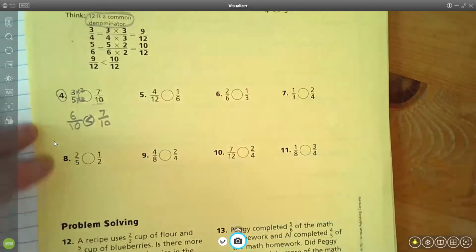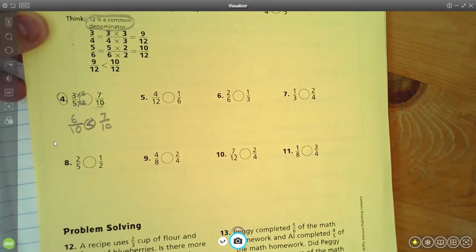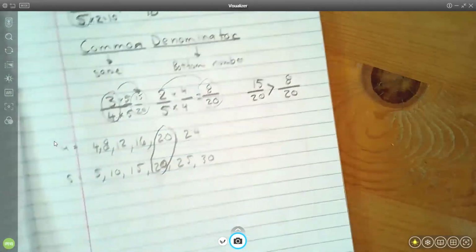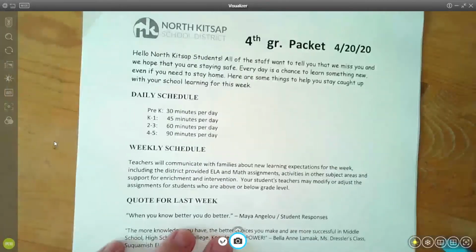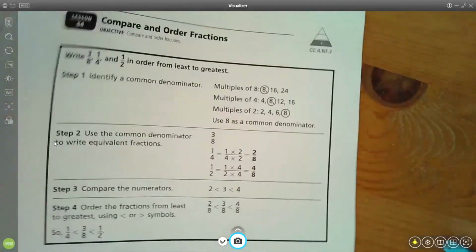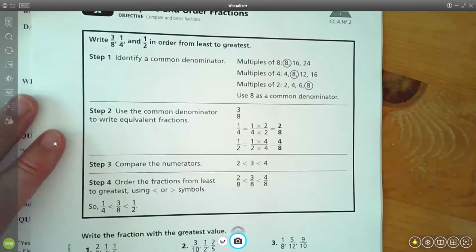Okay, so let's take a look at this week's packet and see how common denominators might help us out in that first page. So in this first box up here, they're going to go through exactly what I just told you.